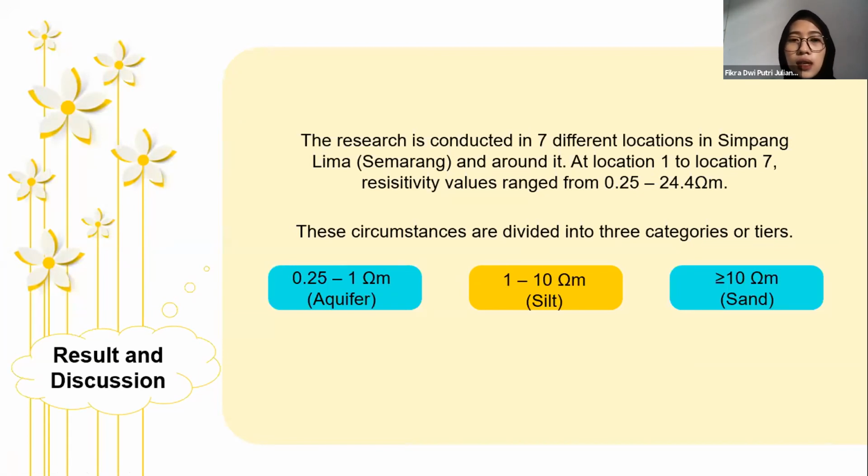Now, these values are divided into 3 categories or tiers. The first category is aquifer, from 0.25 up to 1 ohm meter, and the second goes up to 10 ohm meters. This is silt, and this is above 10 ohm meters.